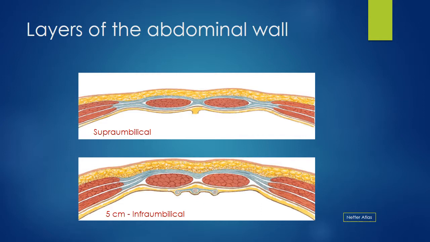The three structures shown here are the obliterated urachus forming the median umbilical ligament, and the two obliterated umbilical arteries forming the medial umbilical ligaments.